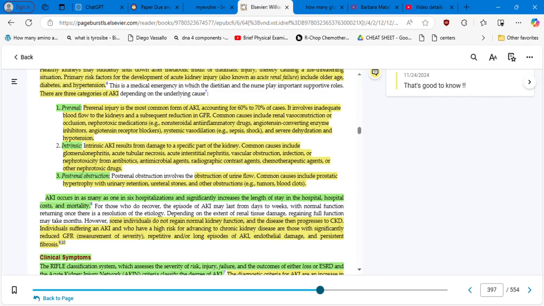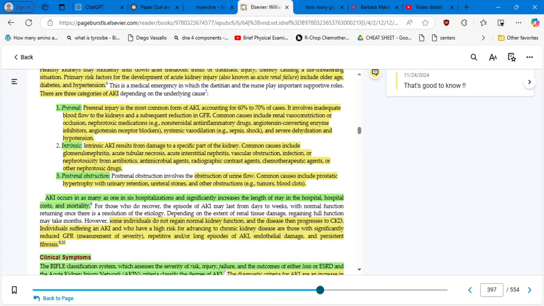For example, your NSAIDs, your angiotensin converting enzyme inhibitors, your ACE inhibitors, your prils, your angiotensin receptor blockers, and systemic vasodilation medications.